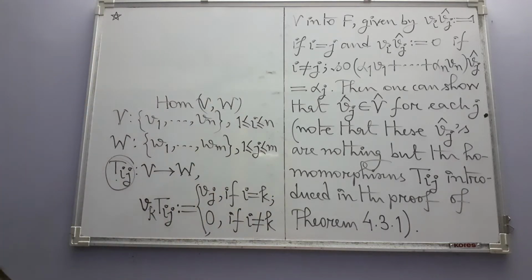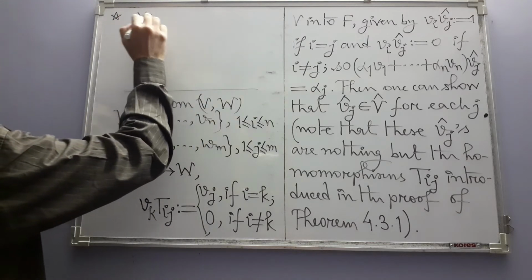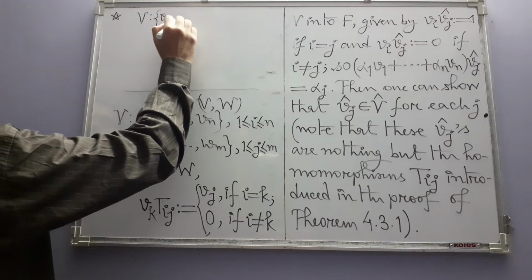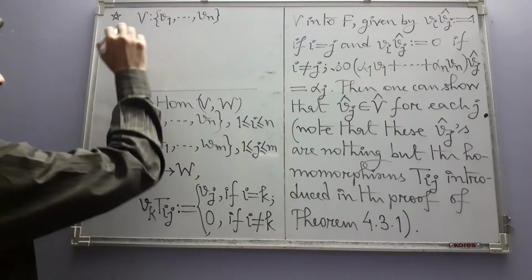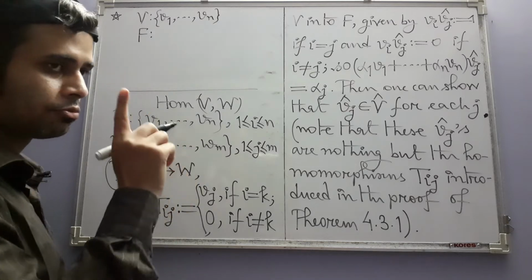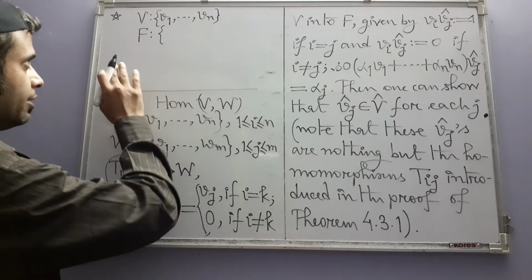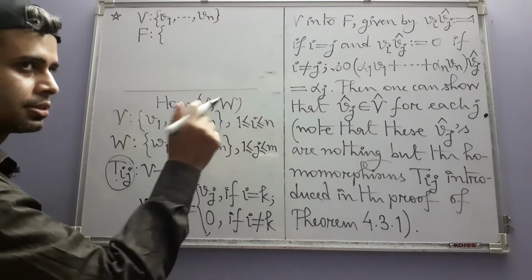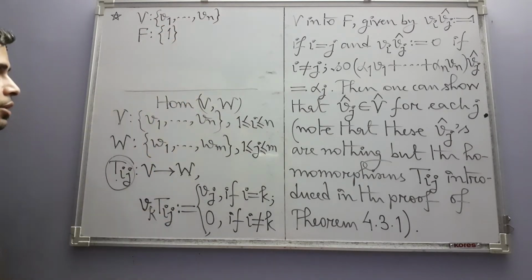Now in this special case, we again have V, and we again have chosen some basis of V, but now in place of the second space we have F. We know that F is one dimensional over itself, and any non-zero field element gives you a basis having only one vector. In particular, we can take the unity of the field.